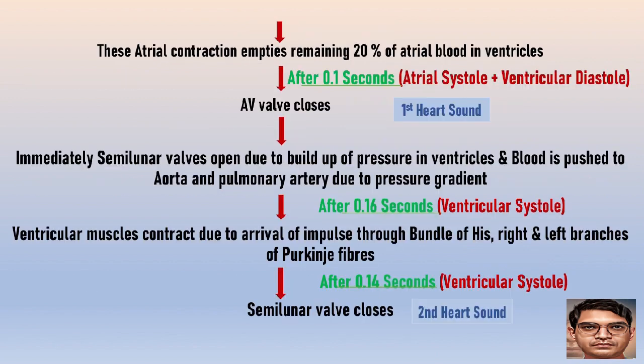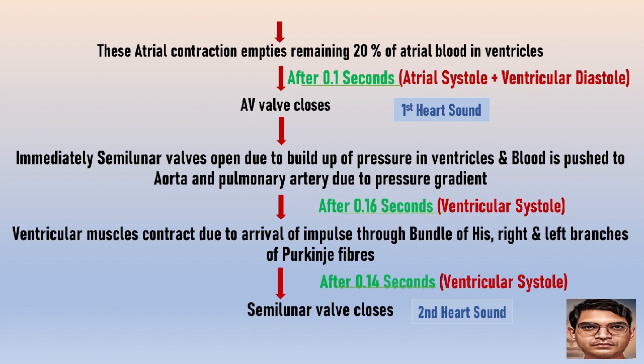This contraction of right and left atria empties the remaining 20% of atrial blood into the ventricles. Now the next thing which is happening is closing of atrioventricular valve, which happens exactly after 0.1 seconds of impulse generation from SA node and atrial contraction.